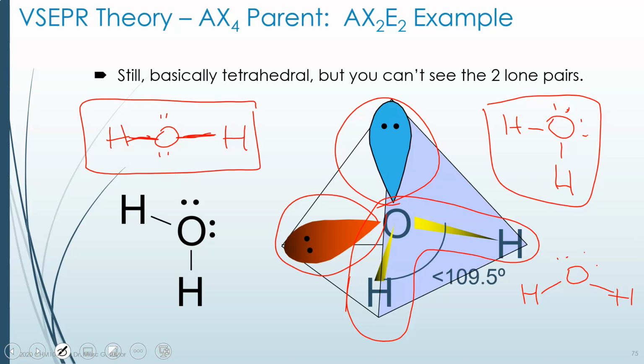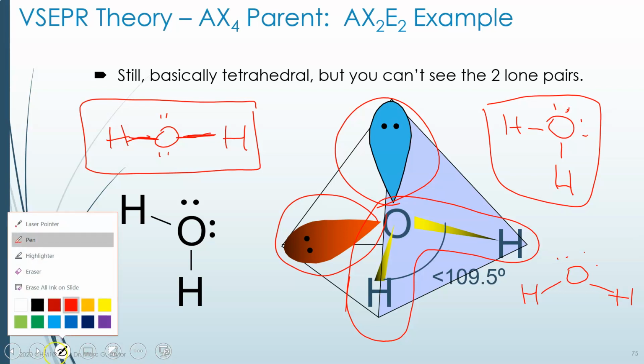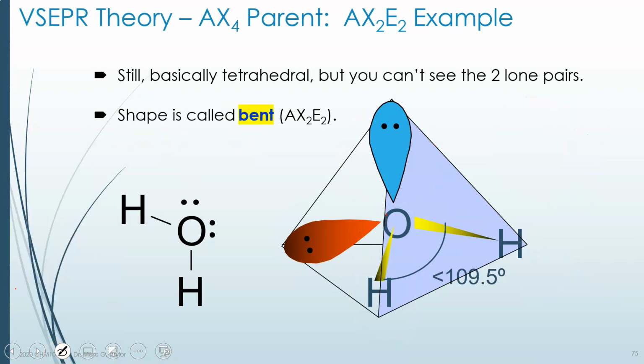You'll see these bent molecules. You won't see the electrons. And it will just appear bent, even though the reality is it's really a tetrahedron that you can't see two parts of. And this is why we refer to the shape of water as bent.